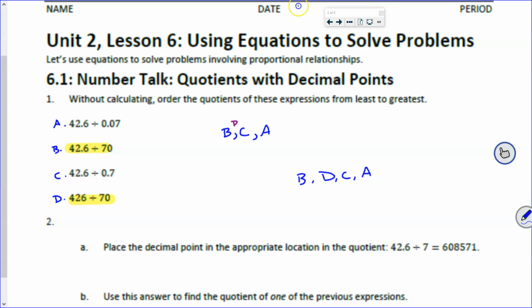Okay, the next question says, place the decimal point in the appropriate location in this quotient. We have 42 and 6/10 divided by 7. Where is the decimal supposed to go here? Talk with your groups. I don't want you to calculate. No using your calculators. Where is that decimal place supposed to be? Talk with your groups.